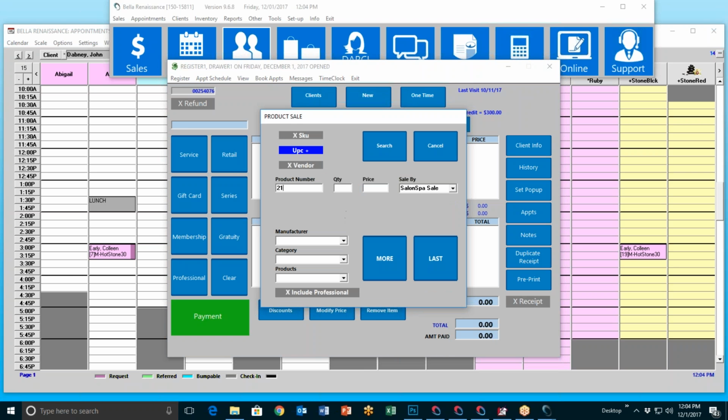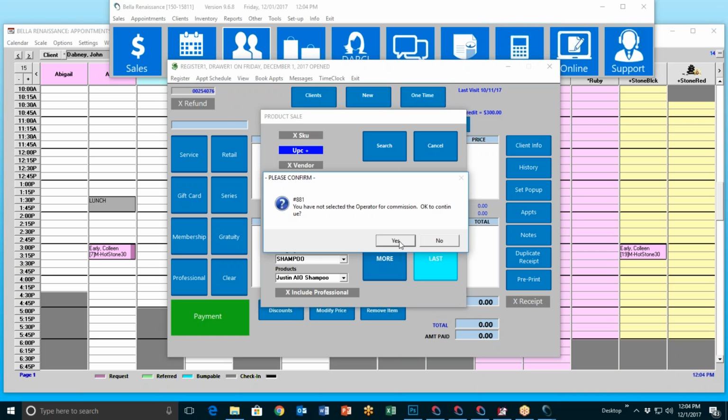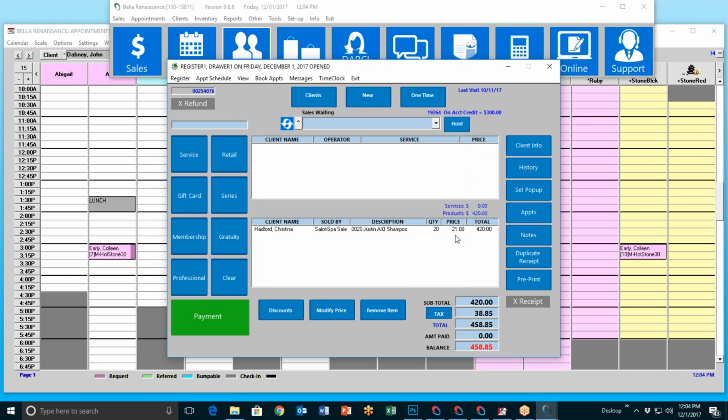And she is buying product, and a lot of it. So let's pull up a product here and say that she is buying, oh gosh, this is crazy. I'm going to say that she's buying 20 of these. Yes, that's fine. She owes me $420. Let's pretend I did the math right and it was 400. Okay? All right. I'm going to modify this price.